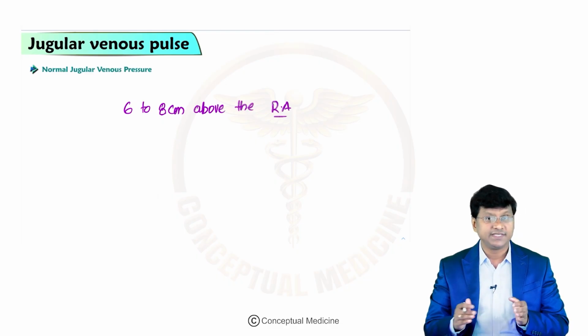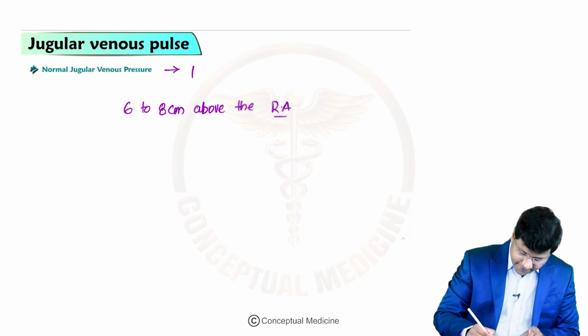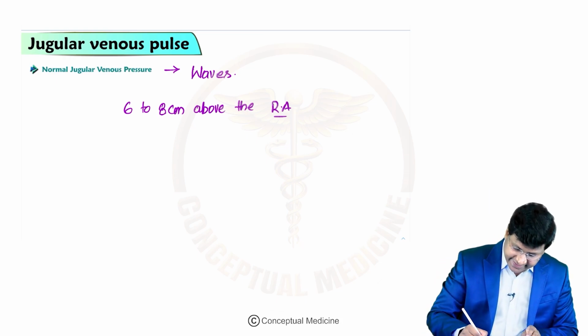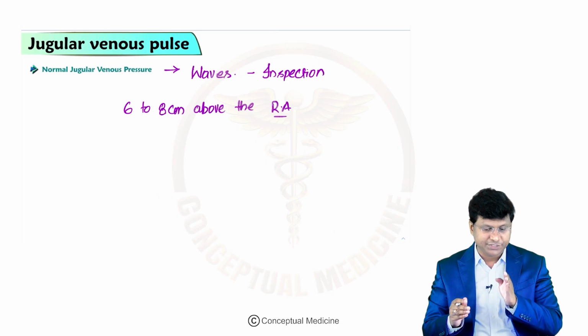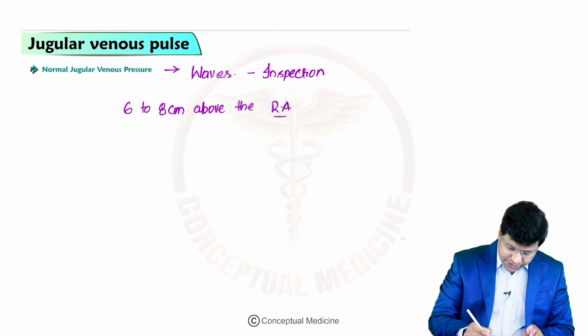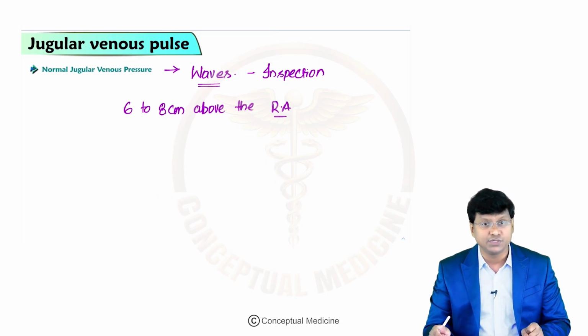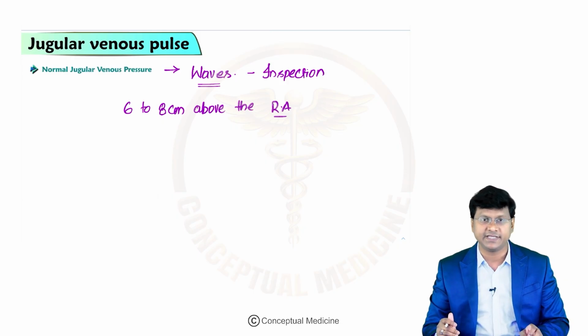Now, this jugular venous pressure is wavy in nature. When you do the inspection of the jugular venous pulse, you will observe the presence of waves within it. And these waves, I will discuss in detail.